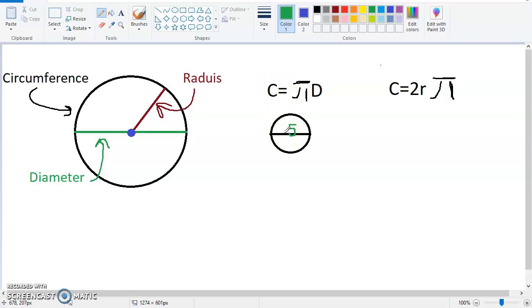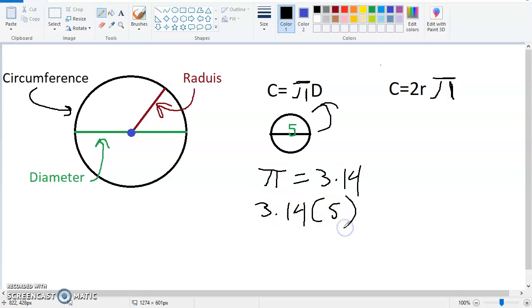What you would do is use this formula because you were given the diameter and not the radius. So you would take pi, which in this case we are going to say is 3.14, so that all of our answers are consistent and we're not rounding to different numbers. I want you to take 3.14 and multiply it by 5.